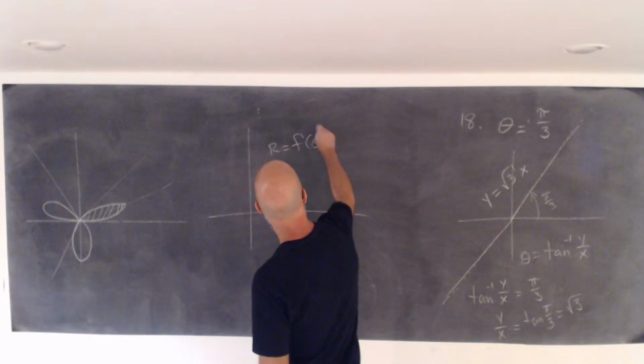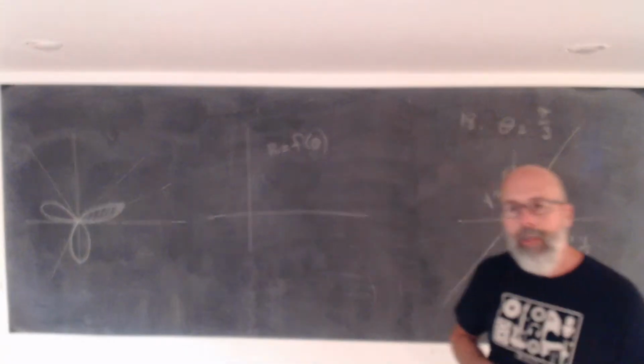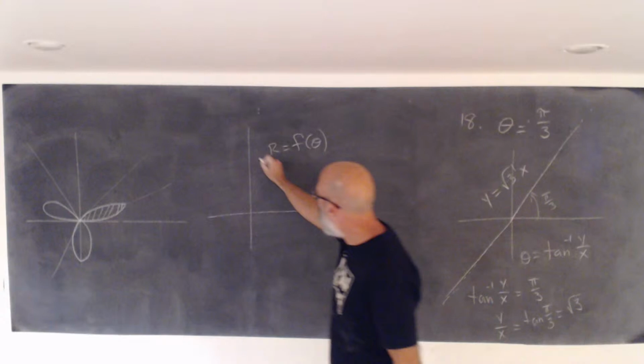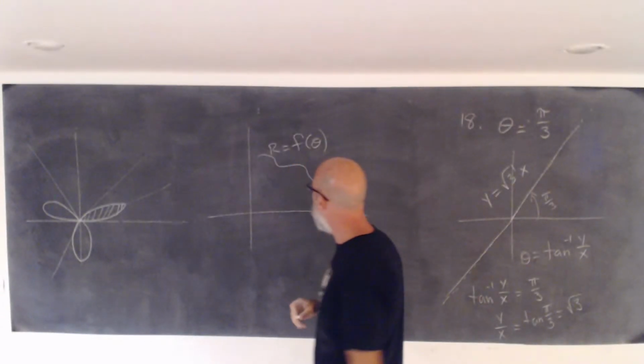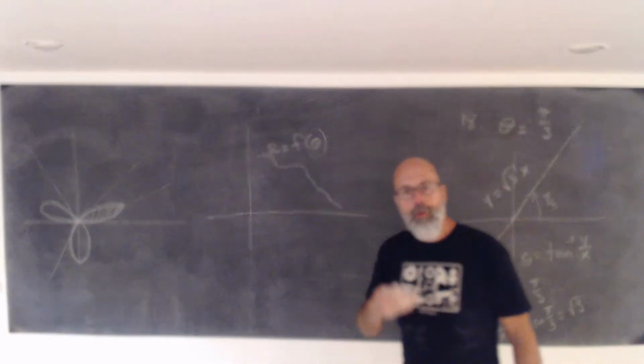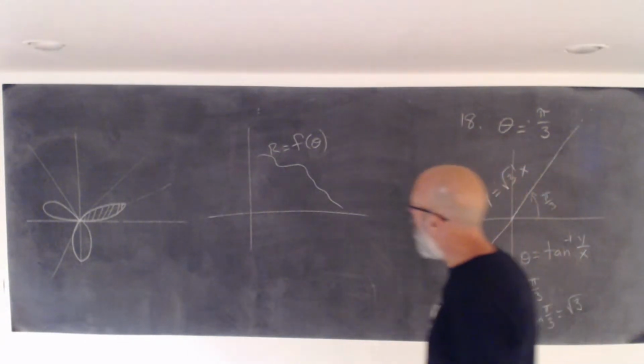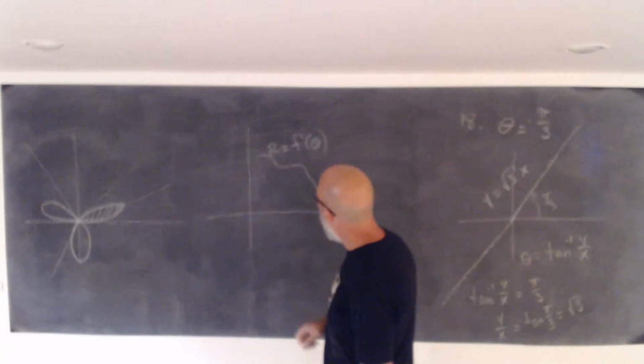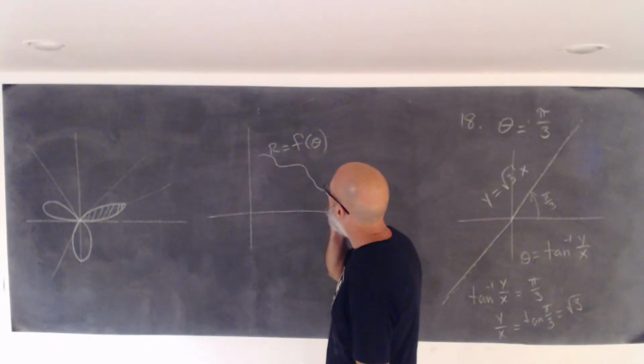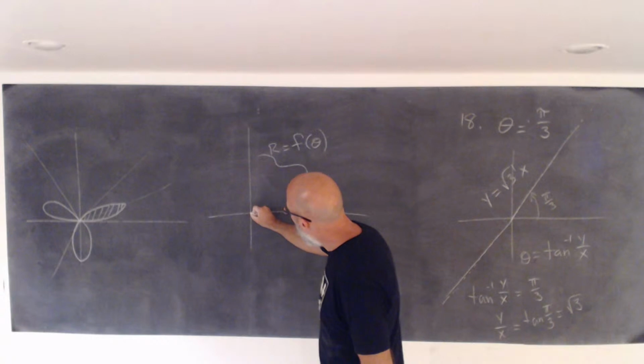So suppose you've got some function, r equals a function of theta. Let's do a Riemann sum argument to approximate the area of a polar curve. What are we going to do?